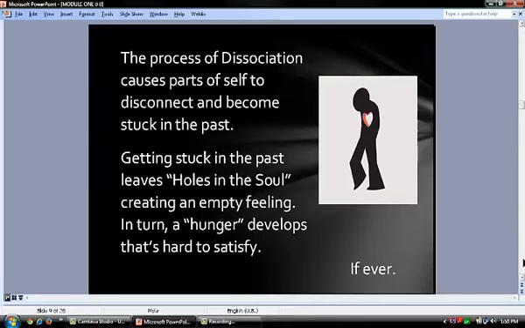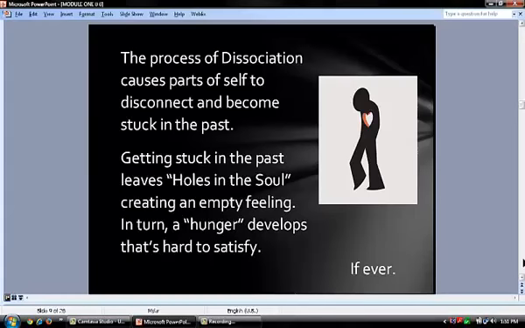And when the lost parts of self come back and are reintegrated, the persistent, uncomfortable feelings dissolve or diminish. So, in effect, when holes in the soul are filled with the parts of the self that previously split, the person feels more whole and more content and has a greater ability to be satisfied.